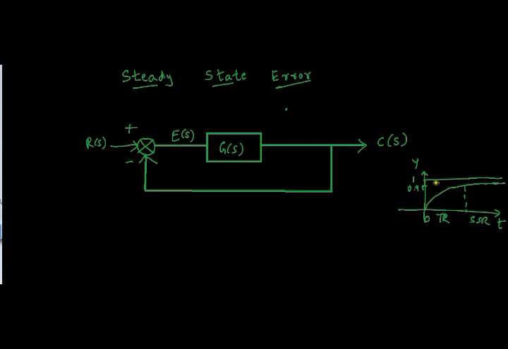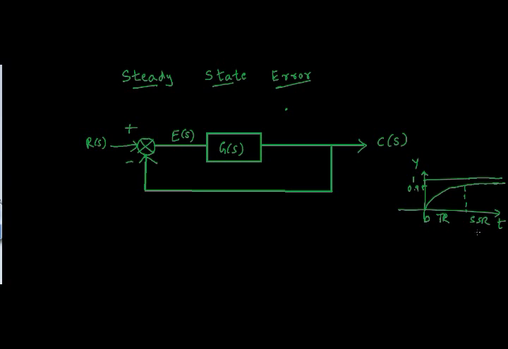You can see here my input is 1, however this control system can reach only up to the maximum value of 0.98. So this reveals the accuracy, how accurate my control system is, whether it can match the input, or if it doesn't match the input, what is the difference between the output and input. Everything can be analyzed by steady state response.